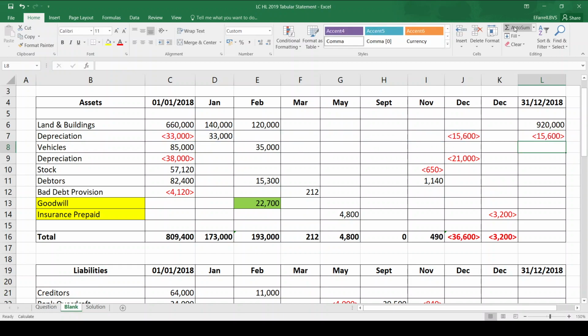Depreciation minus 15,600. Vehicles came to 120,000. Depreciation is minus 59,000.